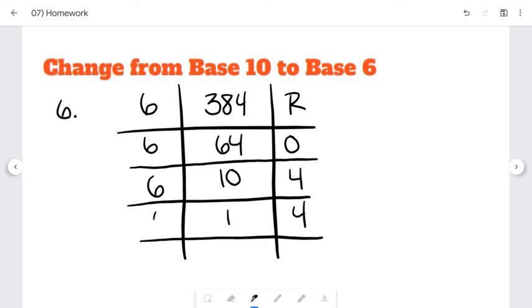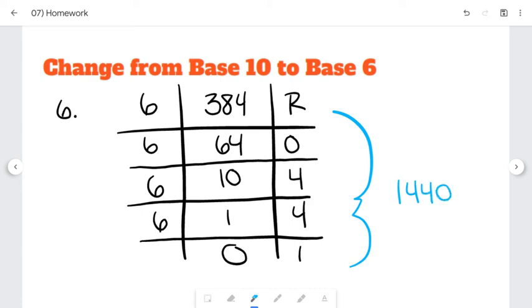Almost there. Now I can't divide anymore, so we have 0 with a remainder of 1. So that, again, we go from bottom to the top. So we'd have 1, 4, 4, 0 with that base of 6 there.